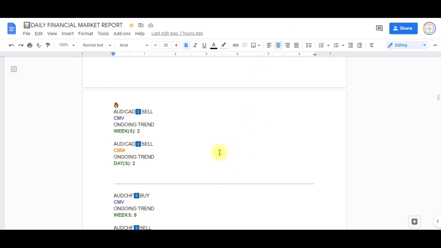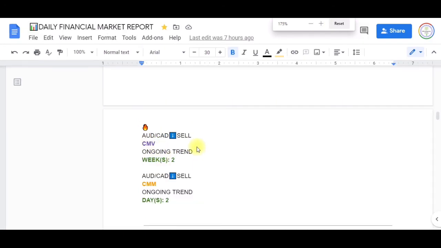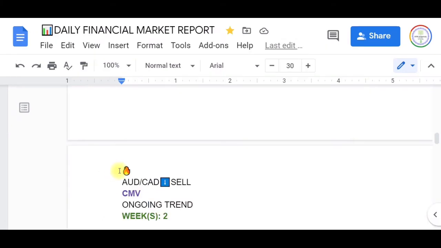But another thing here, let me see if I can expand the view on this. All right, there we go. Okay, this here represents a Forex symbol. So this symbol is basically telling us that we have the Australian dollar versus the Canadian dollar, and this is a sell position.